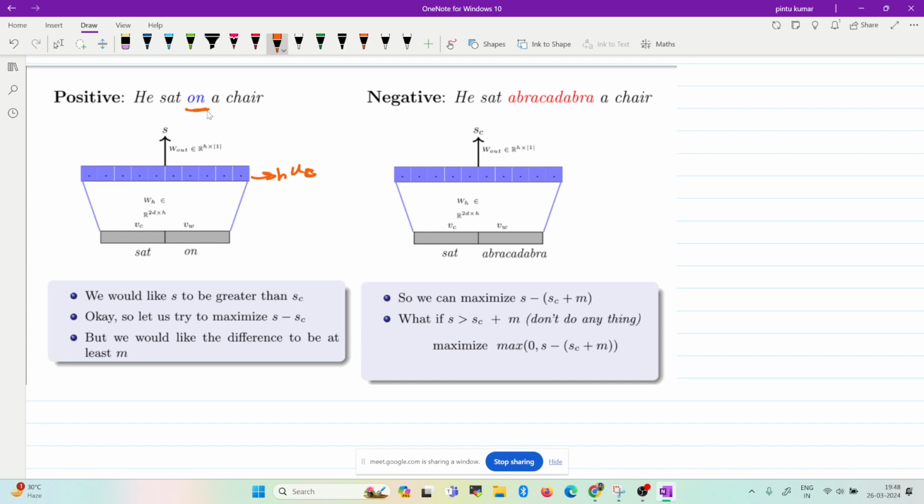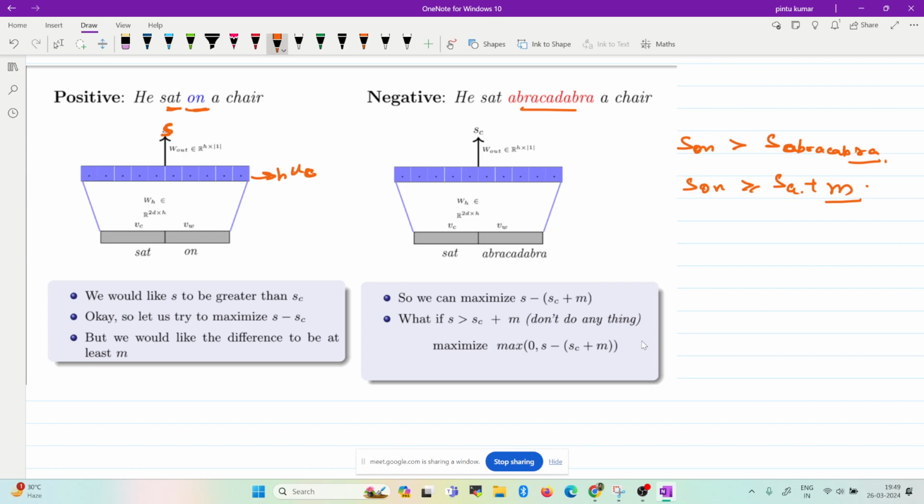probability of on, I want it to be more than the probability of some random word. Okay, so you sample some random word which is not co-occurring with SAT, okay, and from your representation you want only one output, that is your S. You want S of on to be greater than S of, let's say, abracadabra, okay, and you just don't want it to be greater, you want S of on to be greater than or equal to S of abracadabra plus some M, okay.